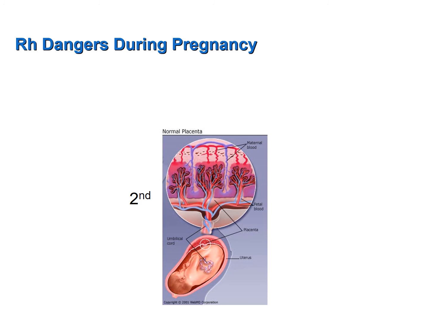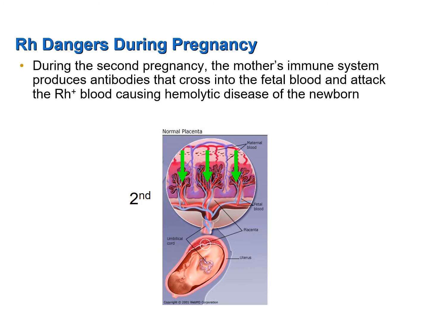These antibodies are small enough to cross the placental barrier and enter the fetal blood. And if they do, they will attack the red blood cells of the fetus. That can cause the fetus to become anemic, where there's a lower than normal amount of hemoglobin and therefore oxygen in the blood. And this can cause what's called hemolytic disease of the newborn.